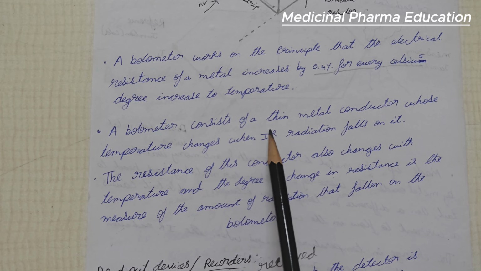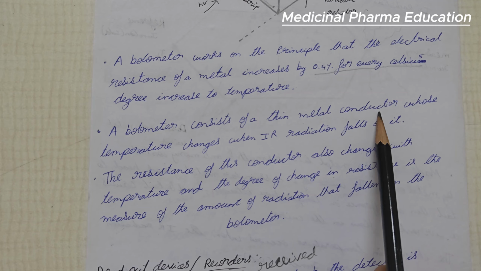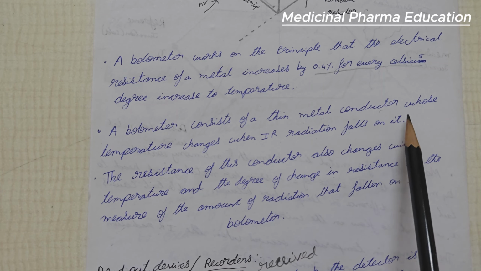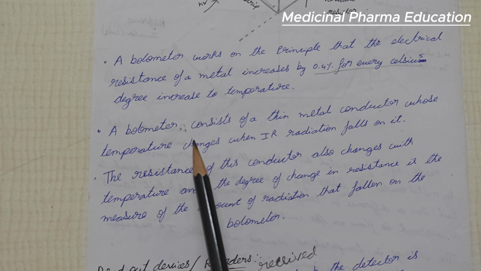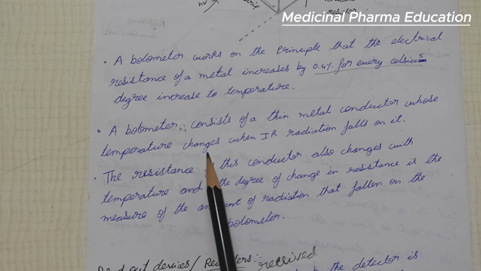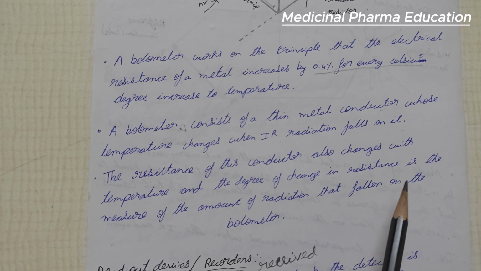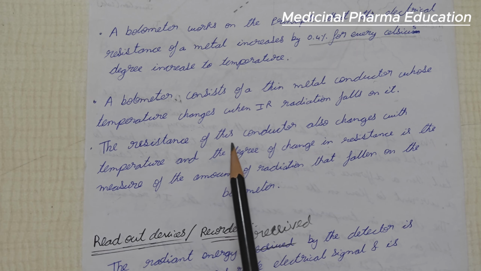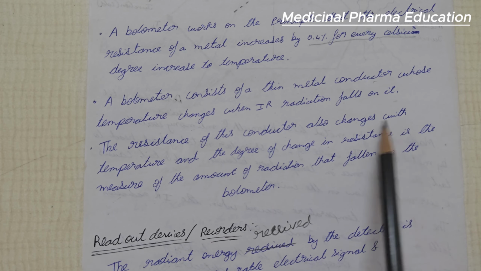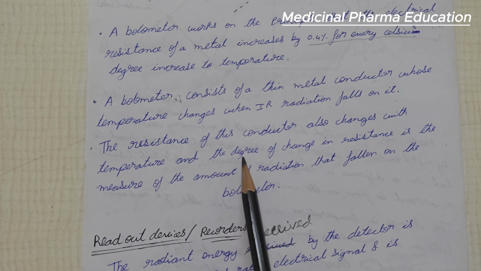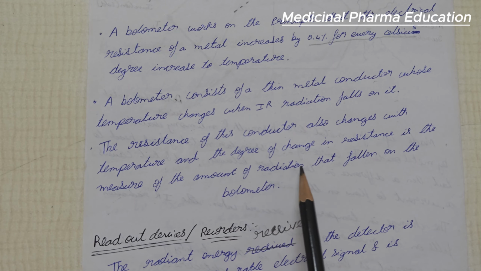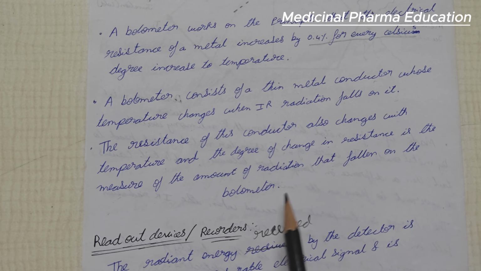The bolometer consists of a thin metal conductor whose temperature changes when IR radiation falls on it. The temperature change is used to measure the sample. The resistance of this conductor also changes with temperature, and the degree of change in the resistance measures the amount of radiation that falls on the bolometer.